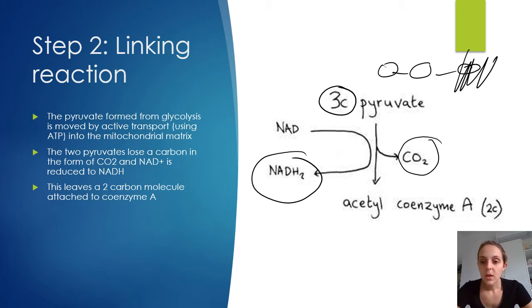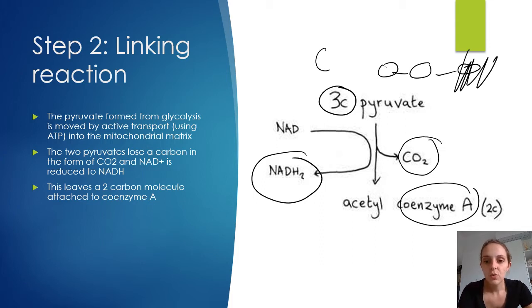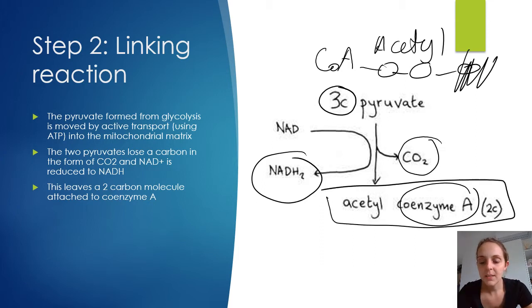That leaves us with just 2 carbons remaining, and an enzyme called coenzyme A binds to this 2 carbon unit. The 2 carbons are called acetyl, and they join up with coenzyme A to make a compound called acetyl-CoA. So that's just a 2 carbon molecule attached to an enzyme, which makes it easier to enter the Krebs cycle and go off into the Krebs and electron transport chain.